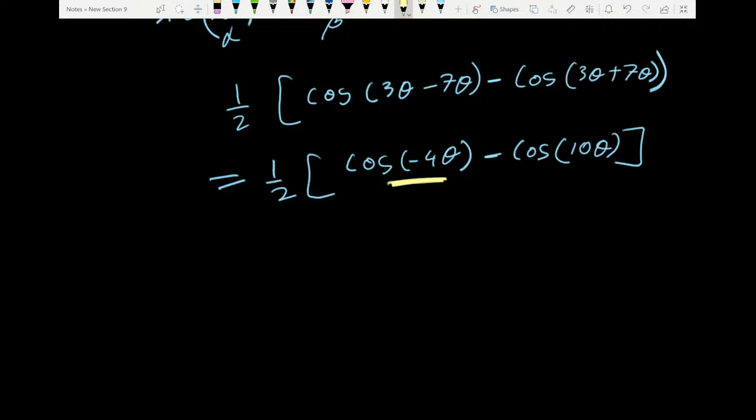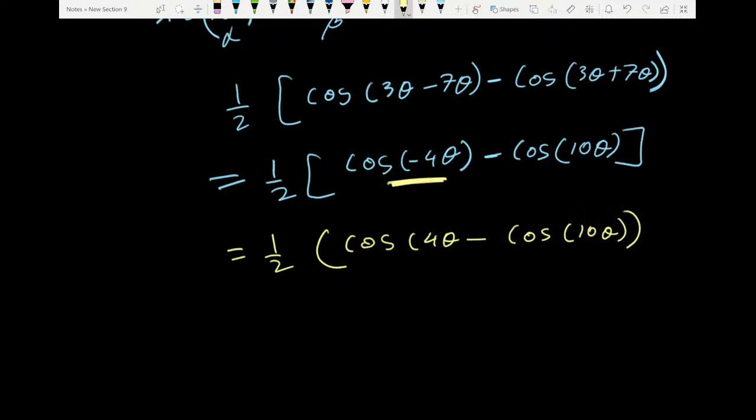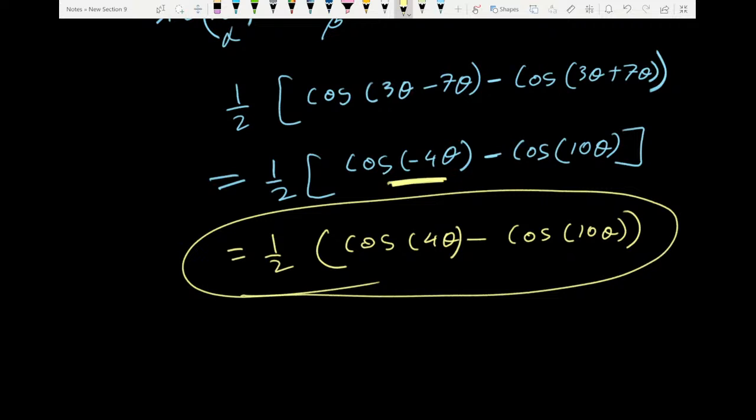This is an even function, so this becomes 1/2 times cosine of 4 theta minus cosine of 10 theta. Do not combine this by saying that cosine of 4 theta minus cosine of 10 theta is cosine of -6 theta. That's not it. This is the final answer, and you cannot reduce it anymore.